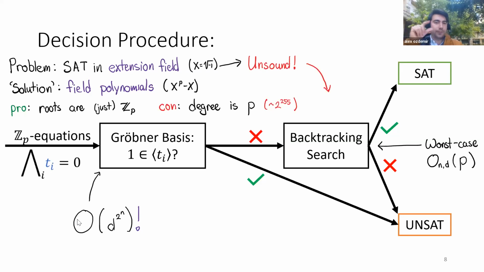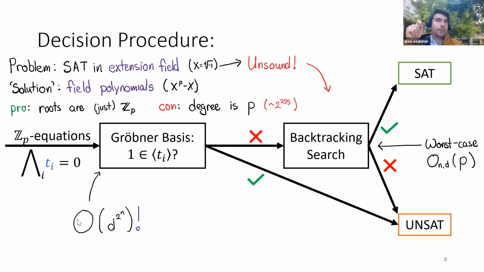This ideal, this notation, angle brackets T_i, that's the set of all linear combinations of the T_i. So I'm imagining all the things that I can build by taking each T_i, multiplying it by some polynomial, and adding up the results.